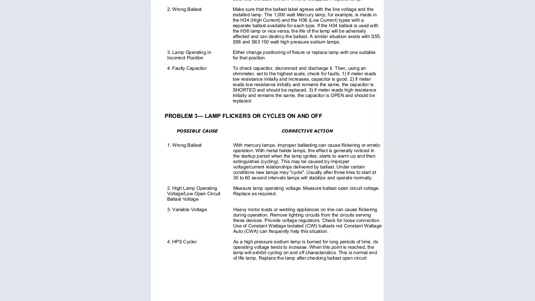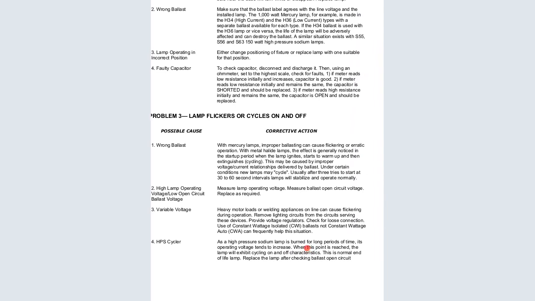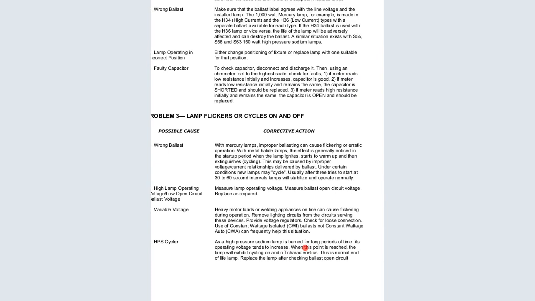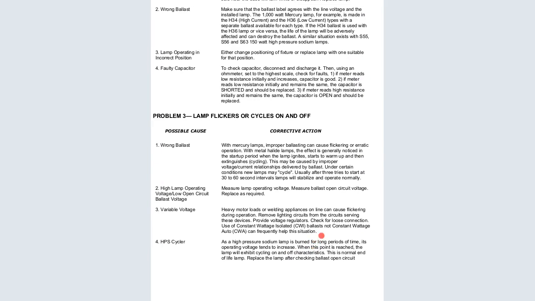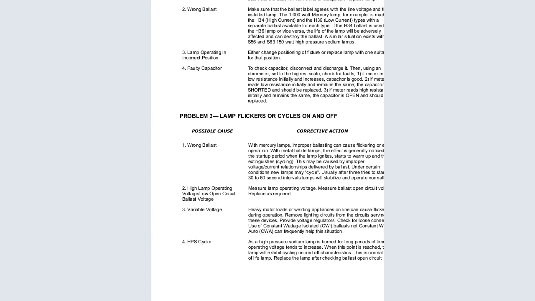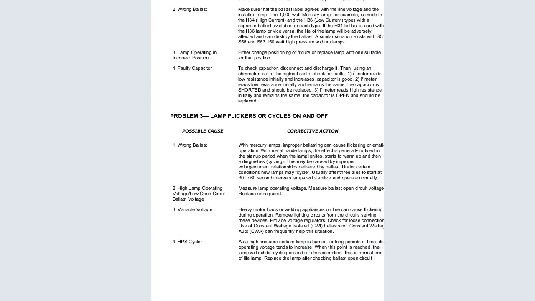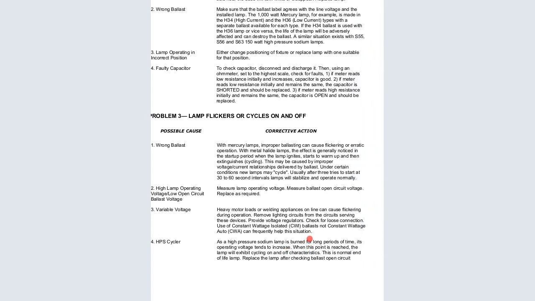Another thing is the high lamp operating voltage or low output circuit. Another one is the variable voltage. High motor loads or welding appliances on the line can cause flickering, meaning that is the high variable voltage. When they have a lot of motors, it can cause flickering.